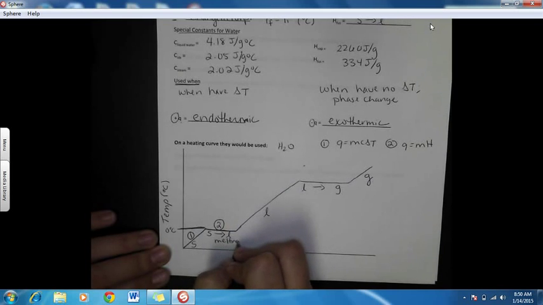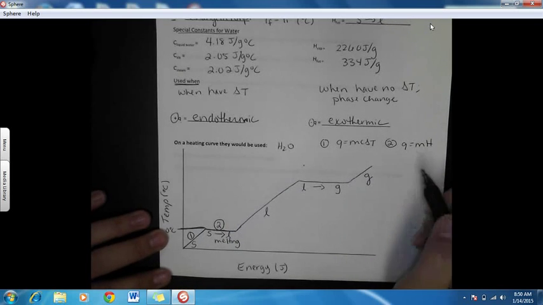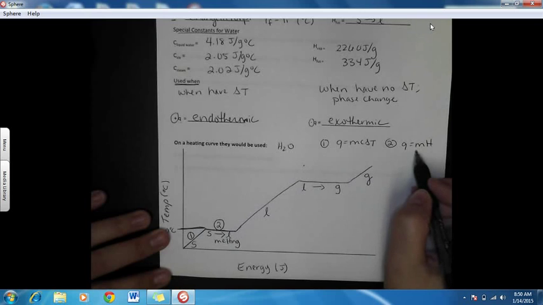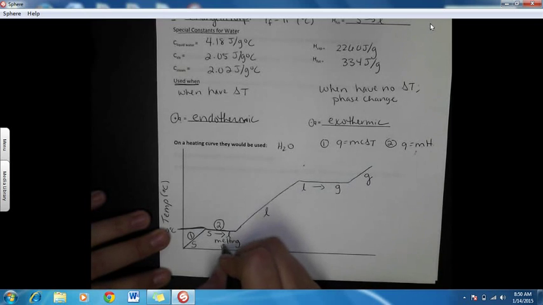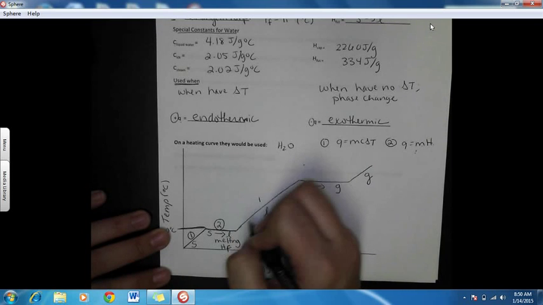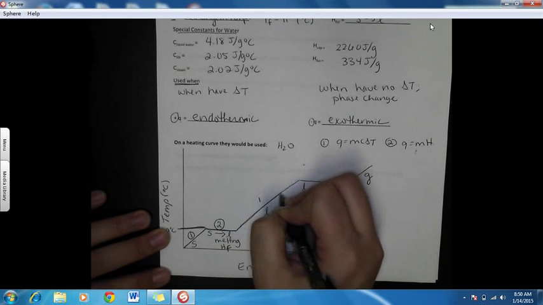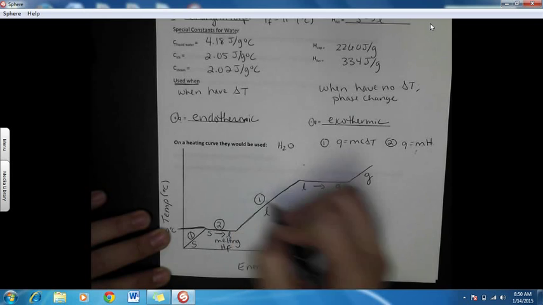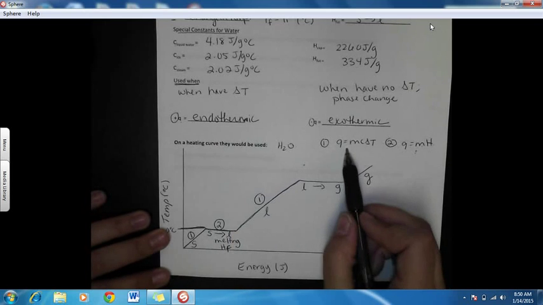And since we are melting, we are going to be using the equation Q equals mass times the heat, in this case of vaporization. Heat of fusion, because we're melting. And then in this region, we're going to again have a delta T, so we're changing the temperature. And so we're using equation 1 again.